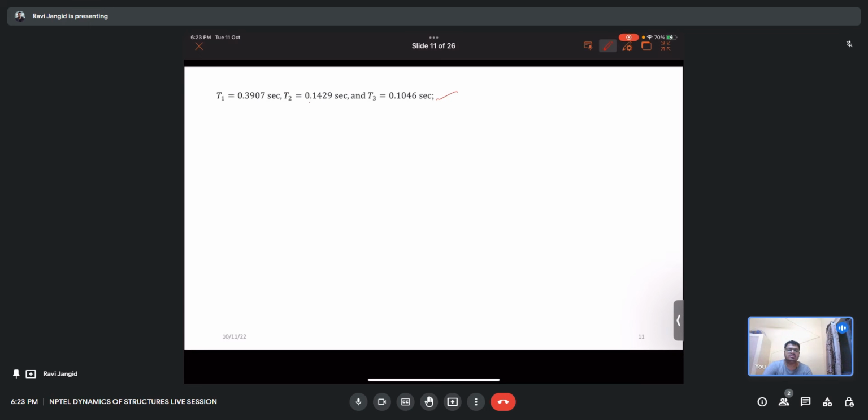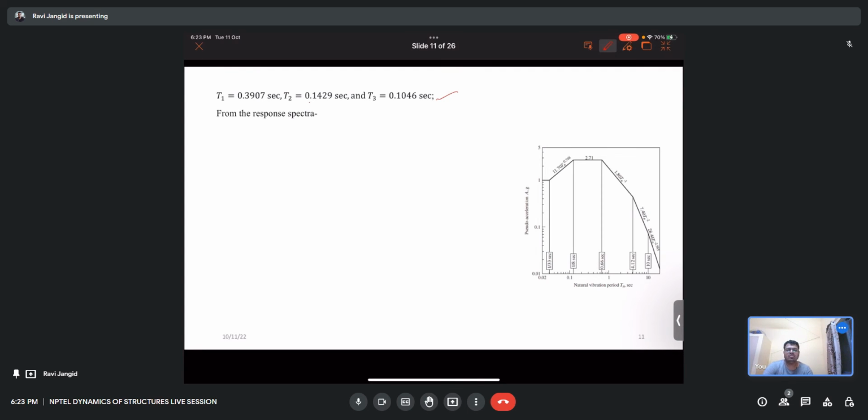For the corresponding time periods T1, T2, T3, I need to calculate my spectral response. So from the response spectra, can you tell me, corresponding to T1, what would be my SA by g? Okay, so for T1, 0.390, that falls into this category, around 0.125 to 0.66. So your T1 and T2 are falling in this category.